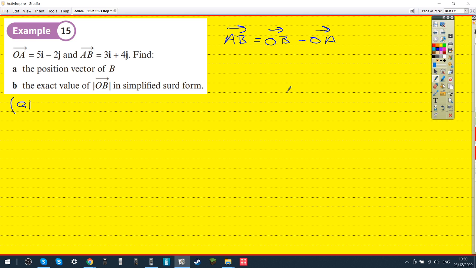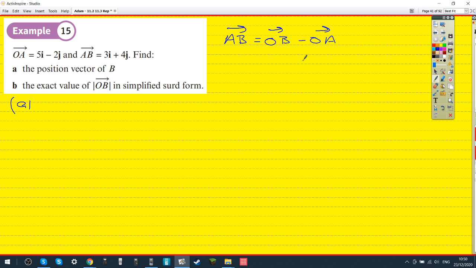Don't need to. So AB equals OB minus 5I minus 2J.